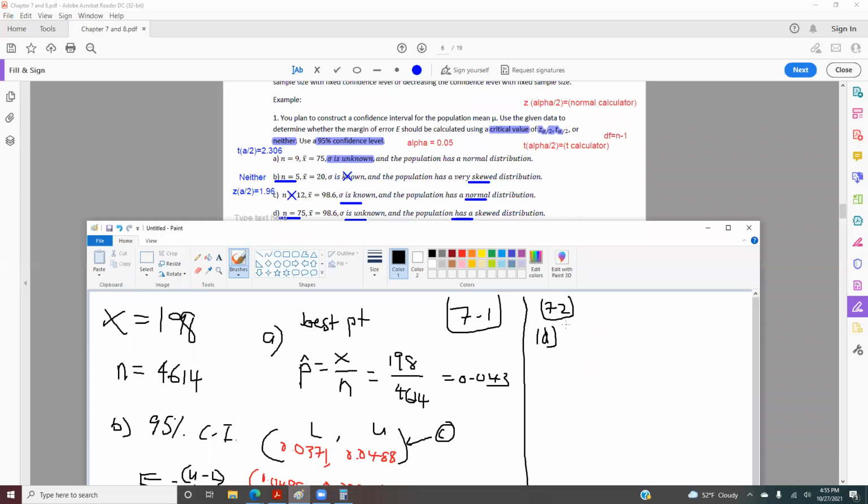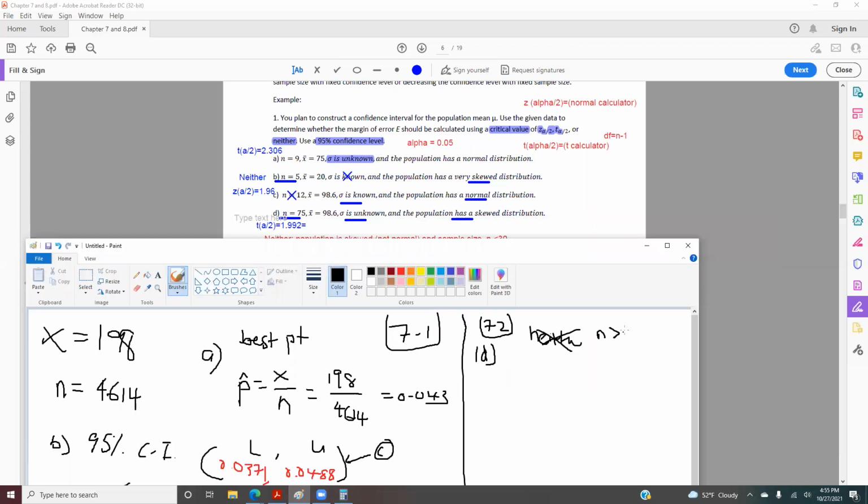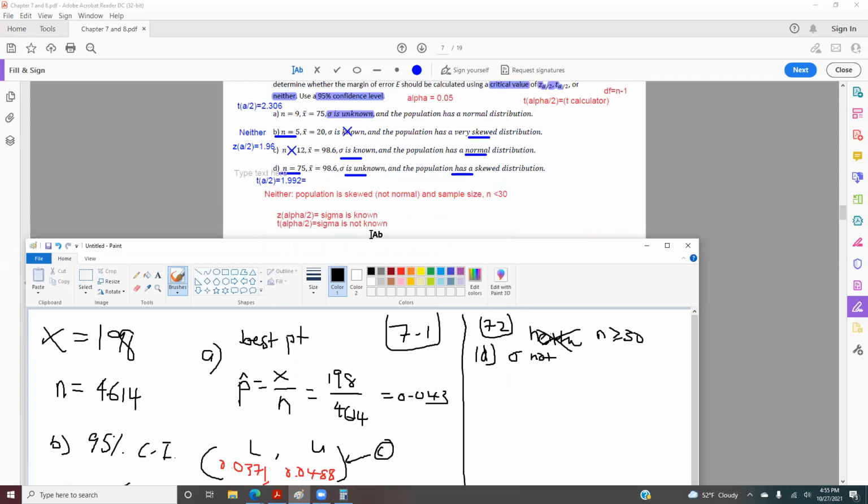So for 1D, since neither is no good, you can cross the neither off. The reason why is because your n is greater than 30. Since sigma is not known, in this case we will use a T alpha over 2.